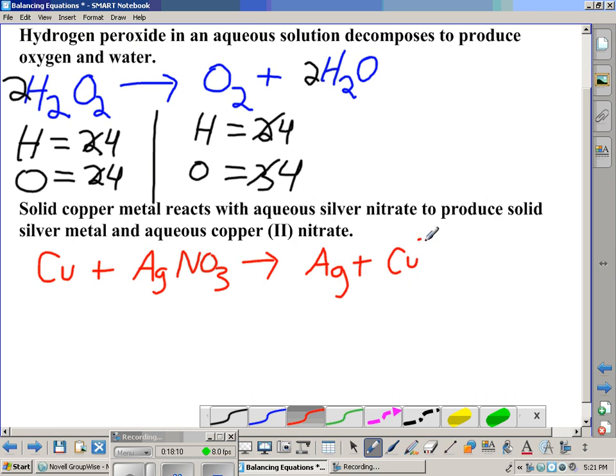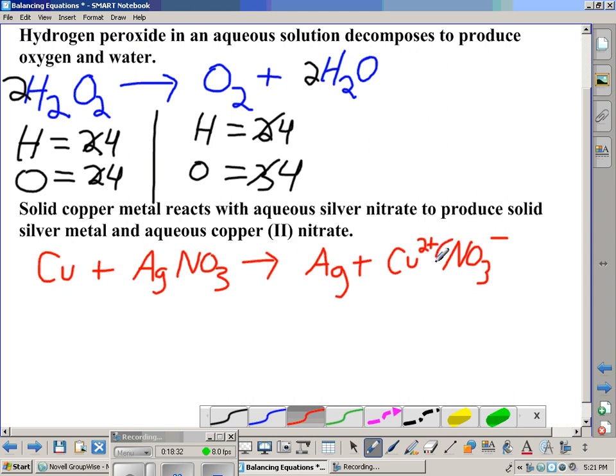I'm going to put the 2 up there, so 2+, and as I mentioned a little bit ago, the nitrate, NO3, has a charge of -1. So this means that for every 1 of these, I'm going to need 2 nitrates.